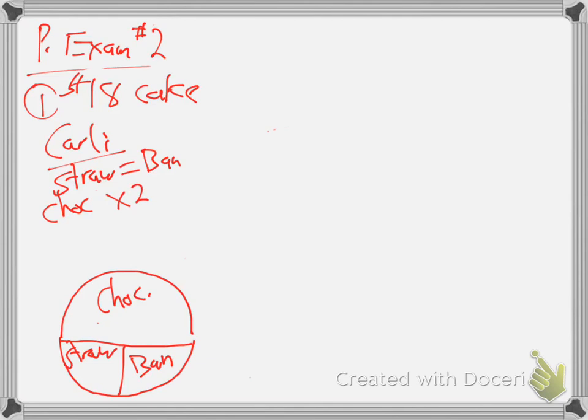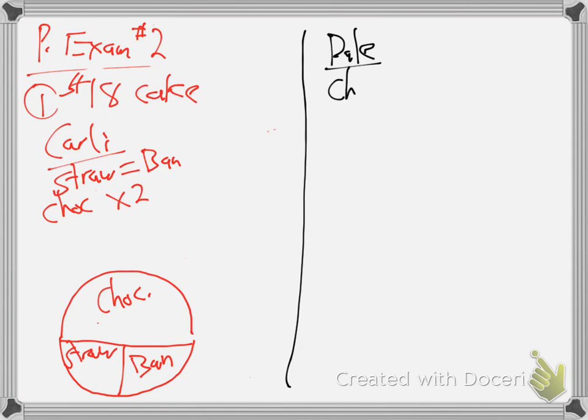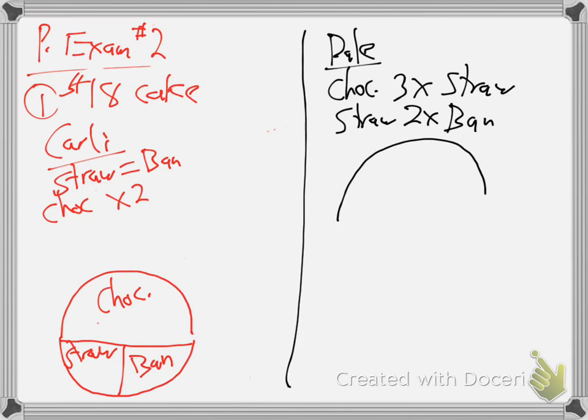On the other side, I'm going to do Dale. Chocolate 3 times strawberry, and strawberry twice banana. I'll have a whole cake for him, which is the same cake, but he just sees it differently, like putting on his glasses.